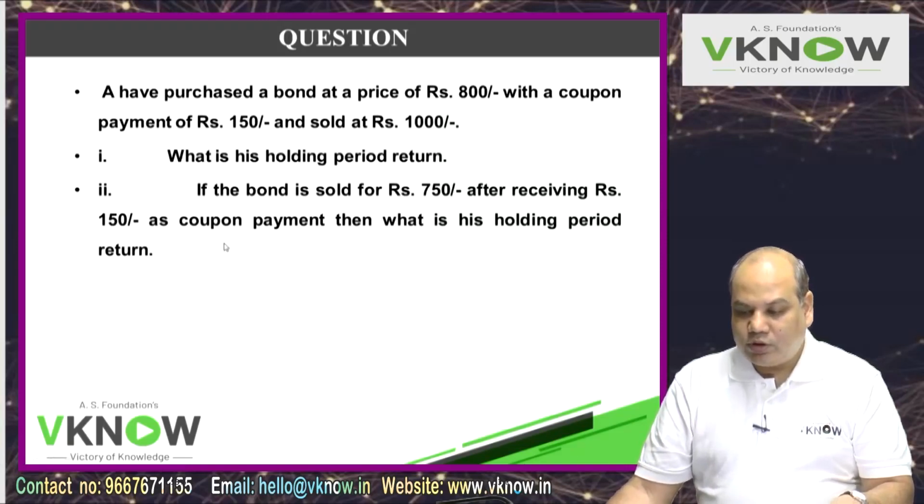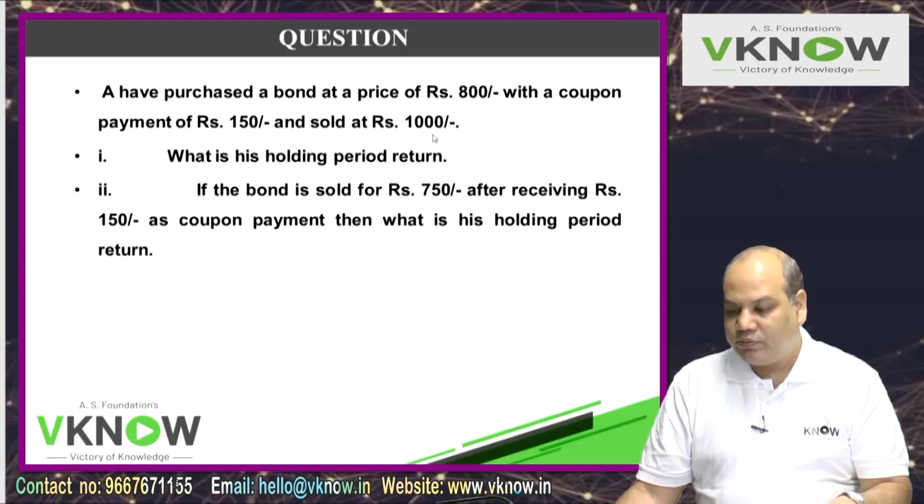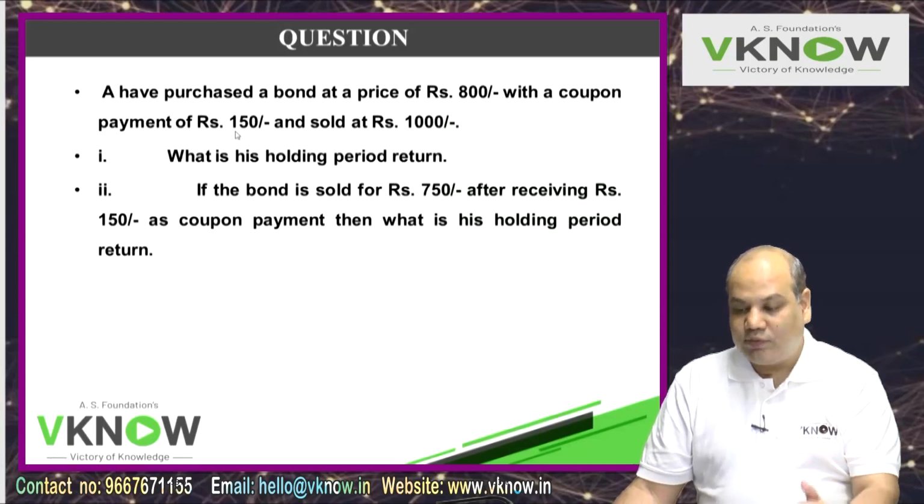Very easy. A has purchased a bond at a price of rupees 800 with a coupon payment of 150 and sold it for rupees 1000. He bought it for 800, sold it for 1000, 200 rupees capital gain, plus 150 coupon also. So total 350 income plus capital gain.